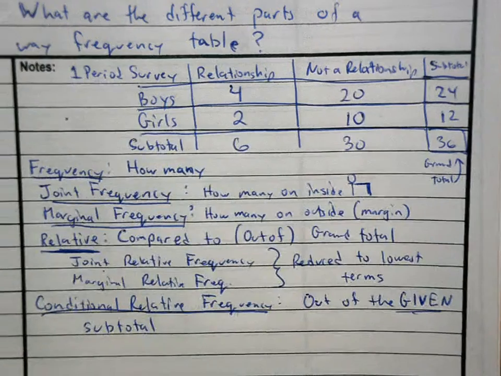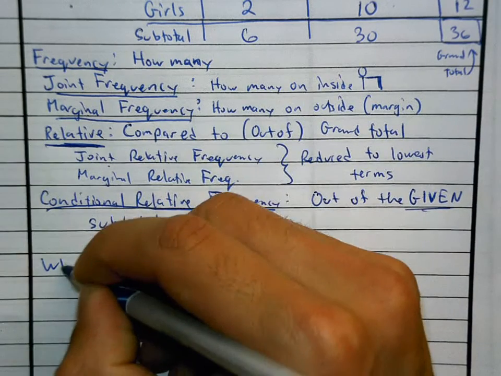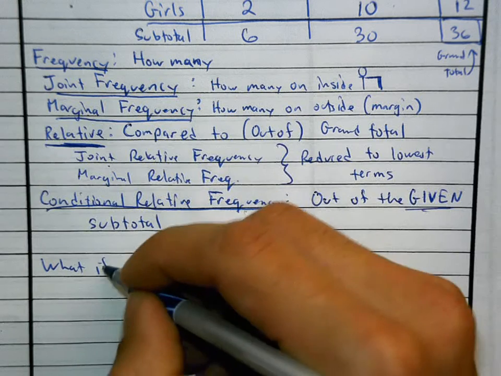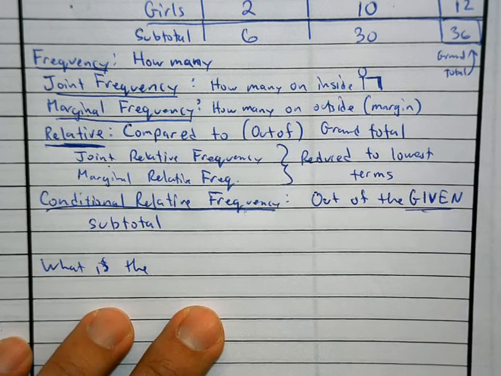I'm going to use the same chart that we're using. We've already done joint frequency and marginal frequency. The relative frequency, we're going to do that.